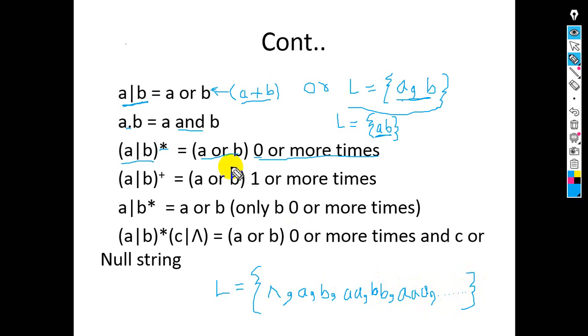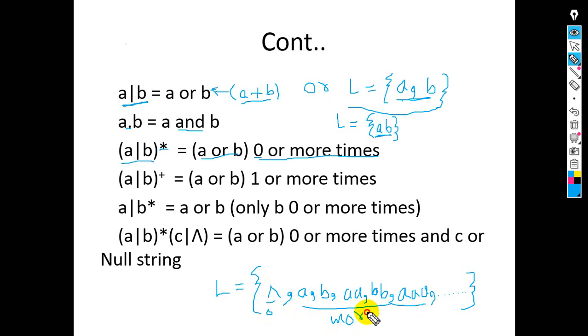So this means zero or more times A and B.